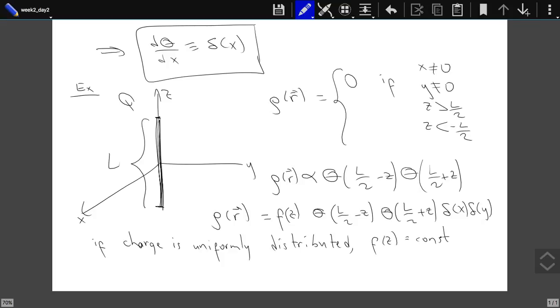Just by knowing the shape of our object, we can only say these functions. The proportionality constant, in fact, can depend on x, y, or z, but if x is non-zero, this is already 0, so it doesn't really make sense to call this a dependence on x.